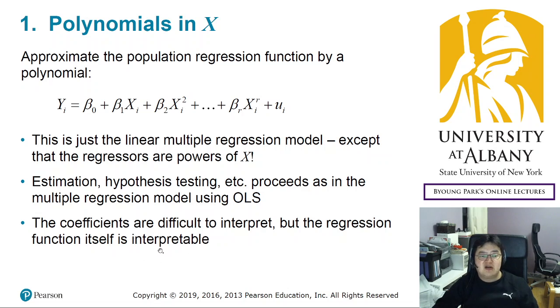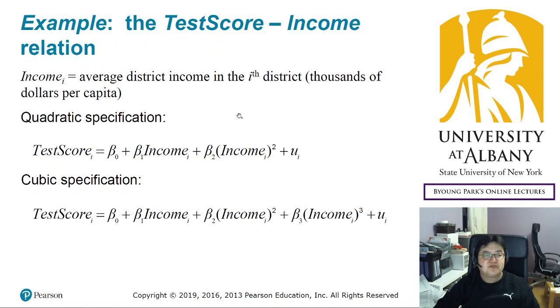Interpretation is a little bit different because they are linked together, x and x squared. So when you change x, you cannot hold x squared constant. When you increase x, automatically everything will change. So in your interpretation, you need to take that into account.